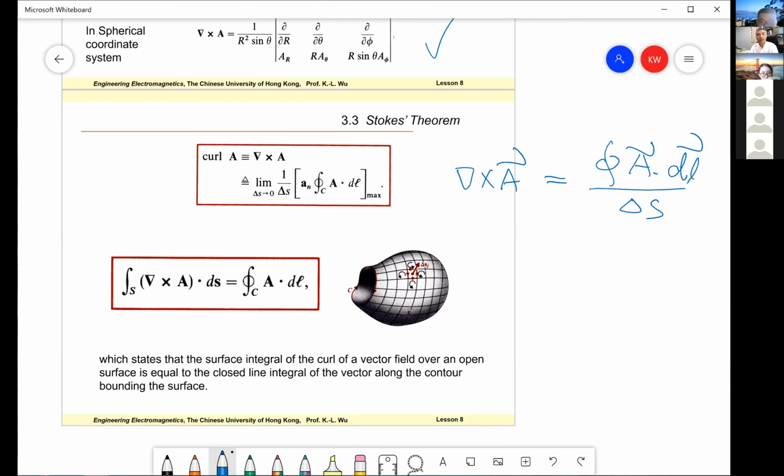Everything here is very small. Then we multiply this delta S on this side.